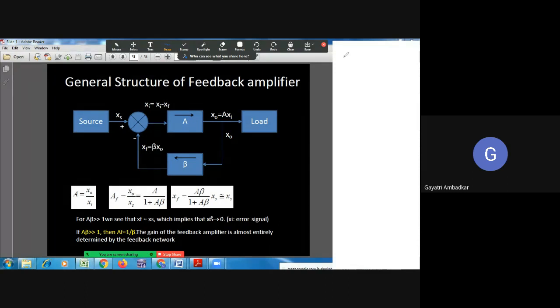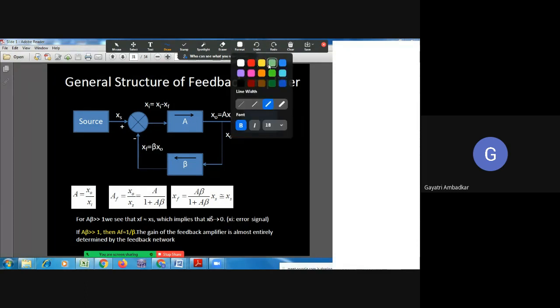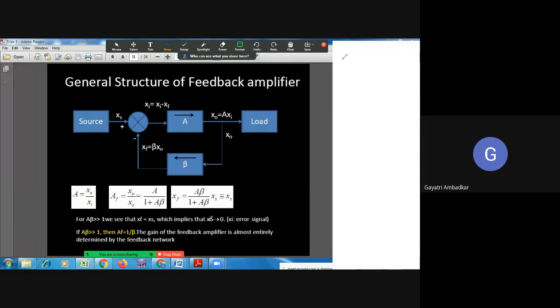We have defined gain without feedback: this is the amplifier, it is receiving the input signal and providing the output signal. So its gain will be output signal XO upon input signal XI. Right? And if I want to calculate the gain with feedback, then AF is equal to XO upon the input signal.